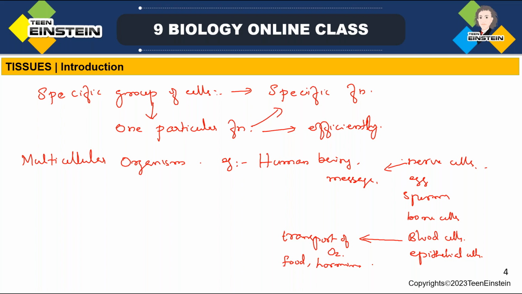Then muscle cells are there in human being, right? So these muscle cells are helping for the movement. You know that in multicellular organism, we are saying human being as an example. In human being, you can see we can make movements, we can move from one place to another place.